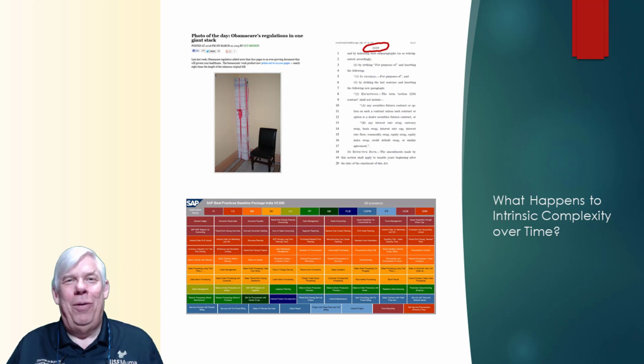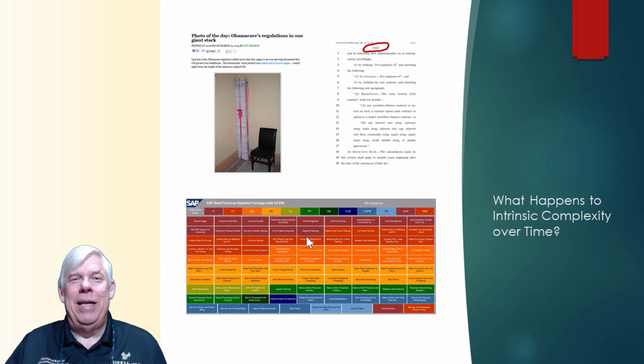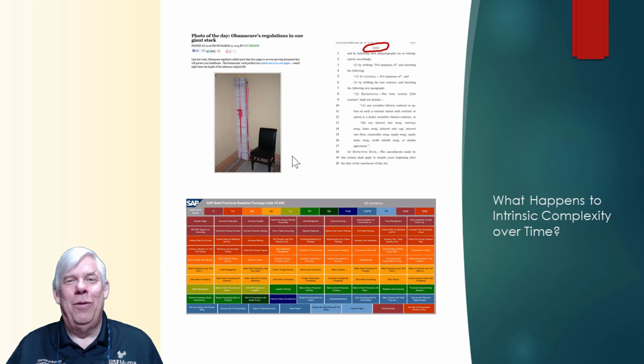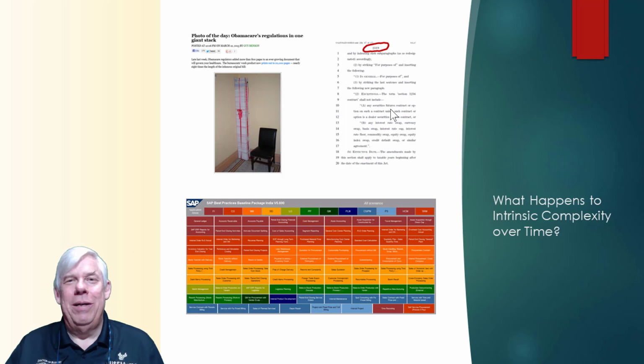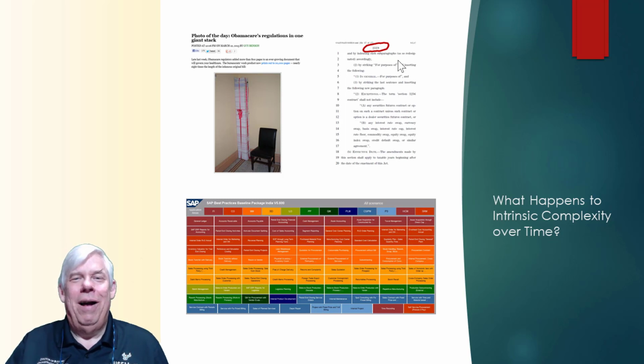Some good examples of very intrinsically complex tasks include the regulations that defined Obamacare, and this was just after a few years. This is page 2300 and something of the Dodd-Frank Act. And the Dodd-Frank Act didn't even provide the rules. What it simply did is it identified all the different rules that had to be created.